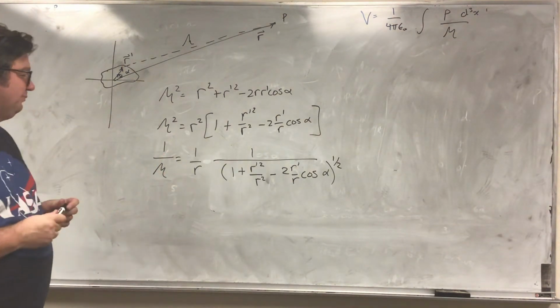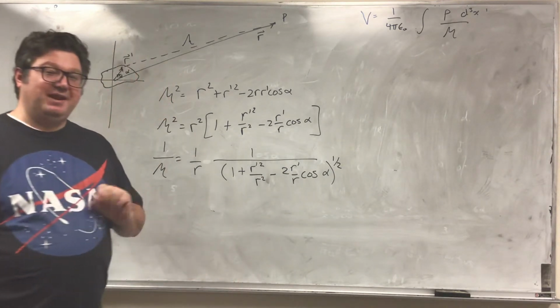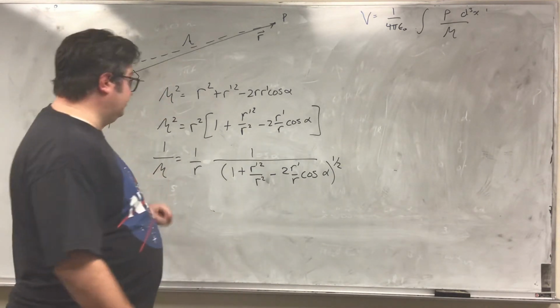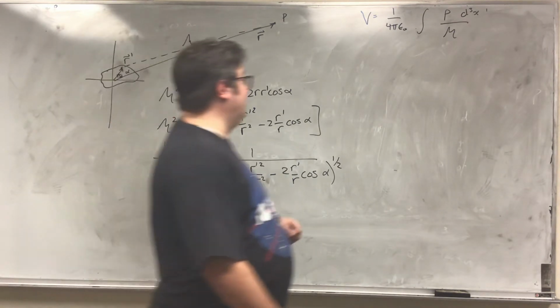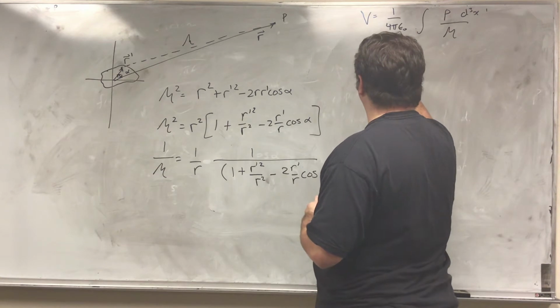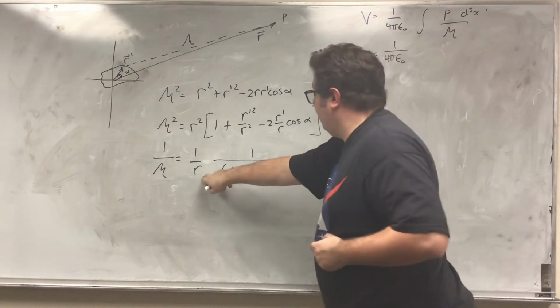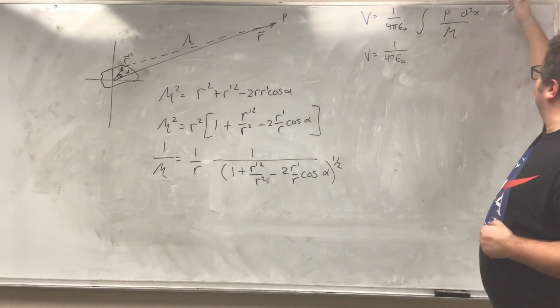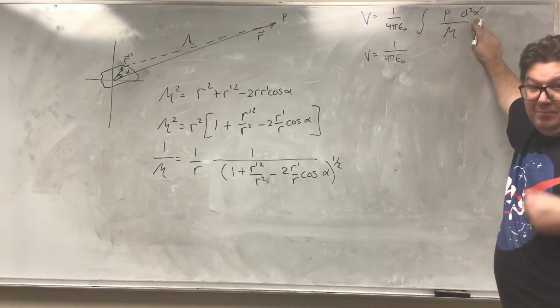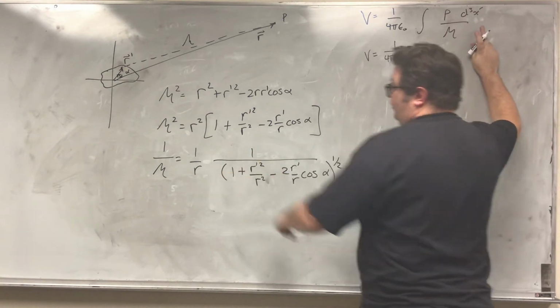So we're going to do a couple of things to clean it up and make it a little bit easier. First thing, we're going to write it over here because we're going to need it later on. This r is an integral over the prime coordinates, so this r is going to be a constant when doing that integral.